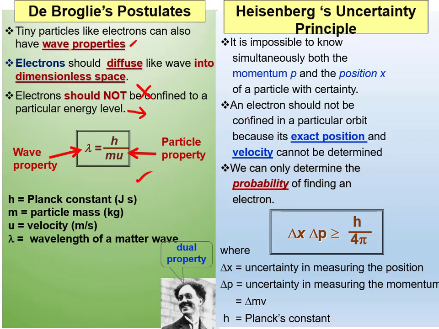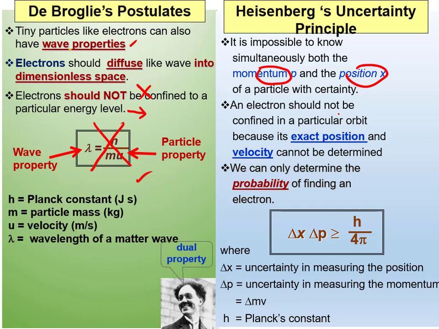This is the formula of de Broglie's, but it is not in the syllabus. Don't worry. Ini tak ada dalam syllabus. The Heisenberg uncertainty principle states that it is impossible to know simultaneously both the momentum and position x of a particle with certainty. It rejects Bohr's atomic model.